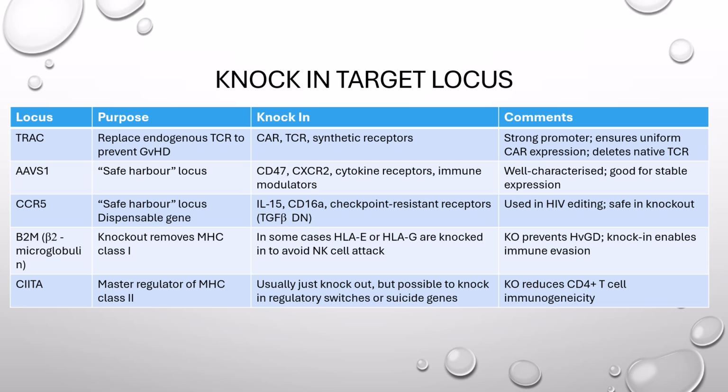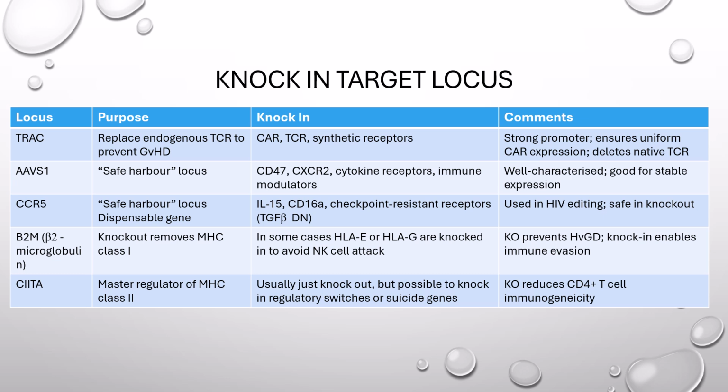And then we have this B2M locus, and this is the beta-2 microglobulin. Basically, this is to remove your HLA genes. So your HLA-A, HLA-B, and HLA-C, which is the major histocompatibility class 1.